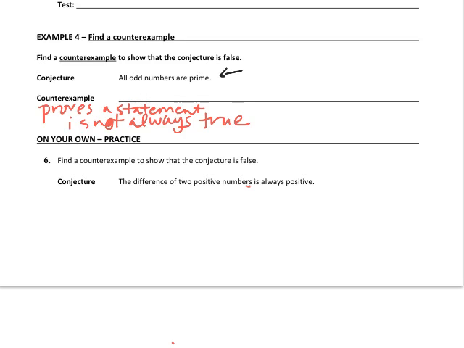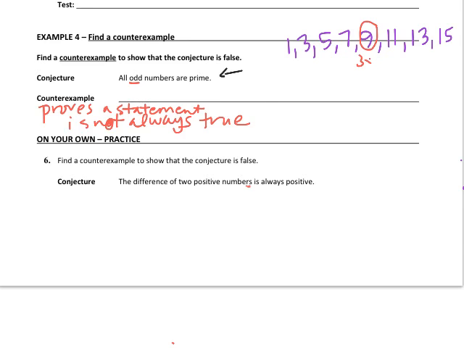Okay, so when we look at all odd numbers are prime, well, let's write a few of the odd numbers. 1 is an odd number. 3, 5, 7, 9, 11, 13, 15, etc. So these are odd numbers, but are they all prime? Prime means that they don't have any factors except 1 and themselves. So I can see right now that 9 is odd, but it is not prime.